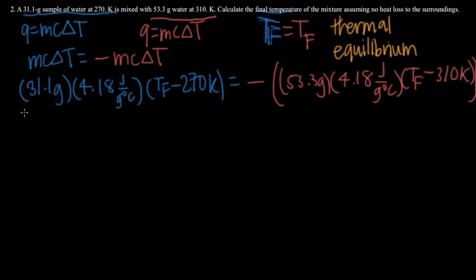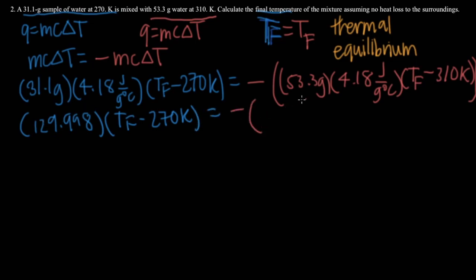So now all that's left to do is simplify all of this math. So we can start by multiplying the masses by the specific heats on both sides. On this side, we have to do 31.1 times 4.18, and that is 129.998 times our final temperature minus 270 Kelvin.